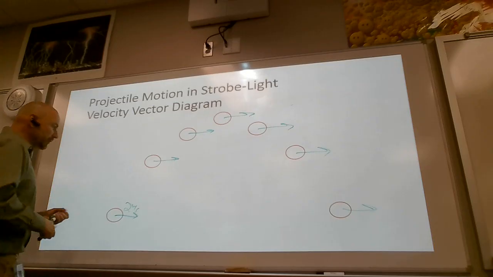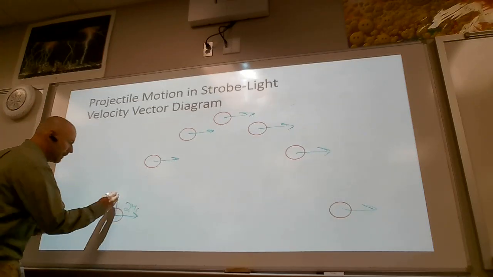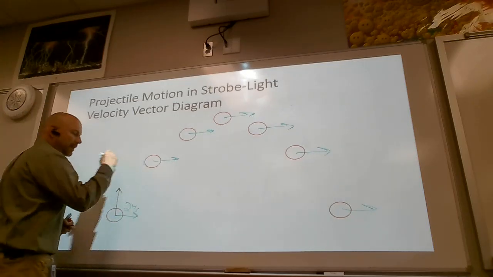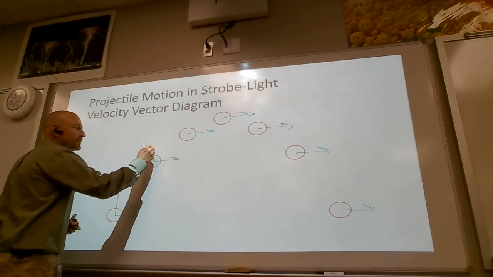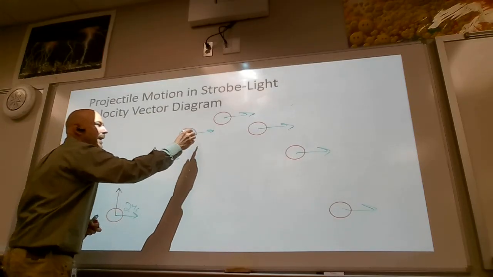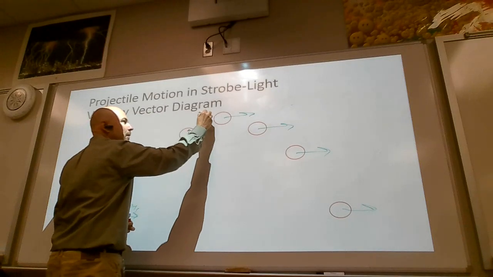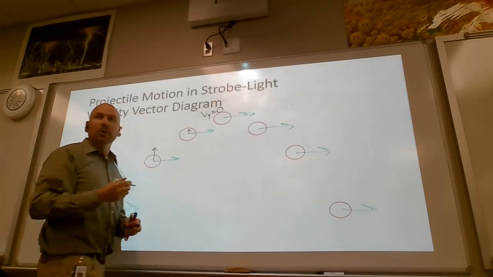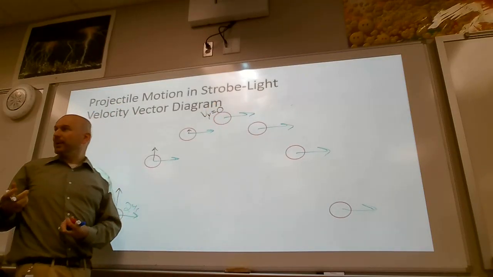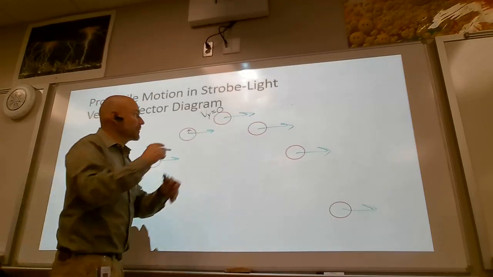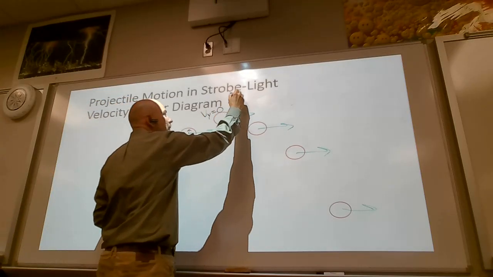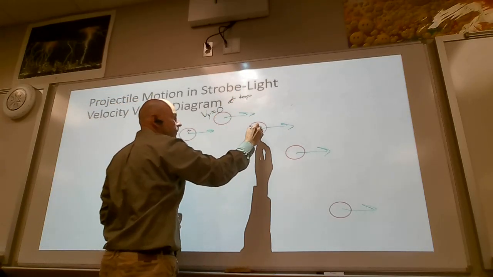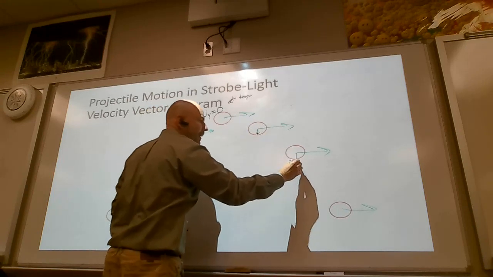But in the vertical direction, it starts out, slows down. How fast is it going at the highest point? 0. Is it moving overall at the highest point? Yes, it's moving horizontally, but vertically, 0. And then it speeds back up.